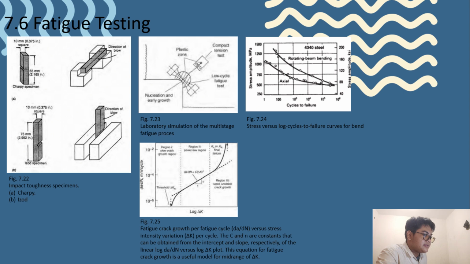We get Figure 7.23, the laboratory simulation of the multi-stage fatigue process, and Figure 7.24, the stress versus log cycles to failure curve for bending and axial loading tests of 4340 steel. Then we get Figure 7.25, the fatigue crack growth per fatigue cycle.